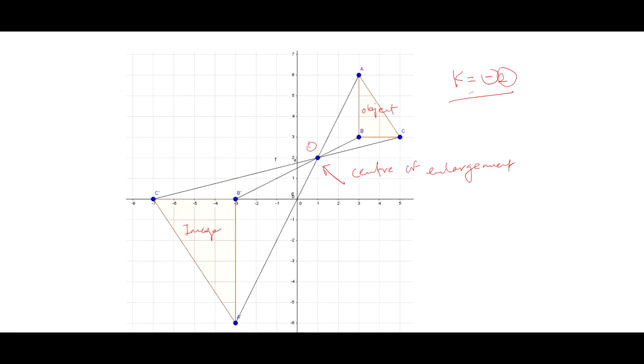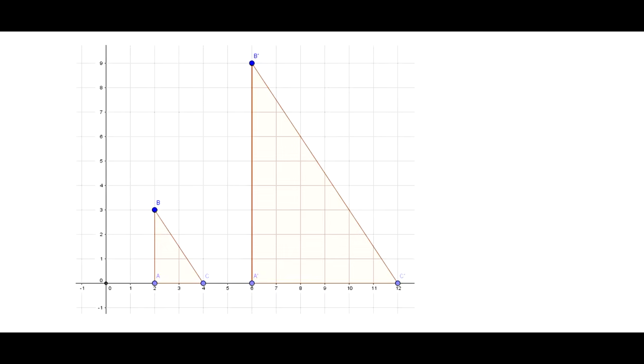Now another question that can come on enlargements is a question about area. Let's look at these two triangles here. We're using the origin as our center of enlargement, and what I'm going to show you is how to deal with area.